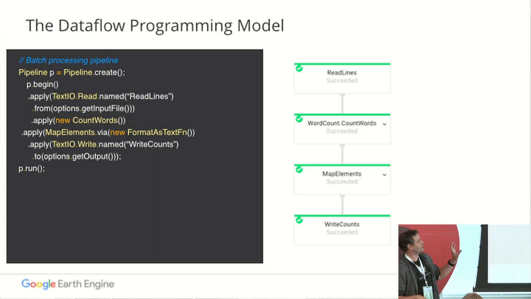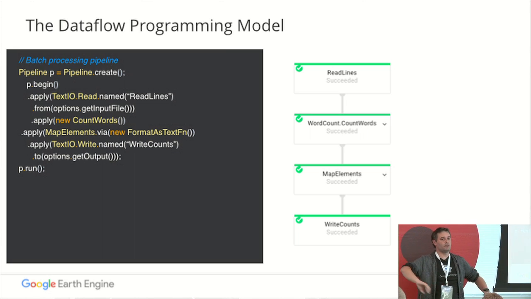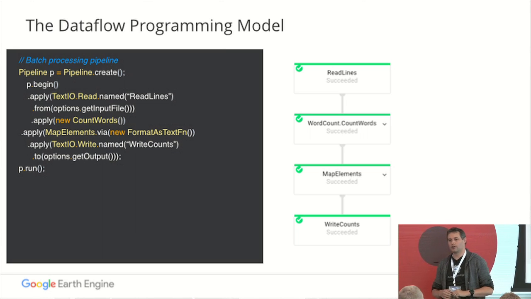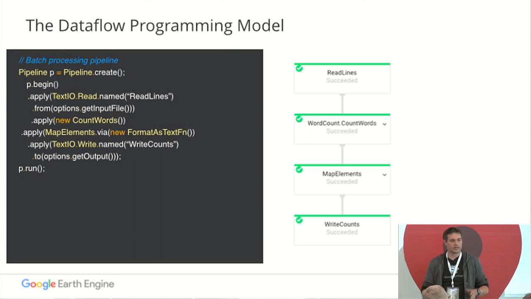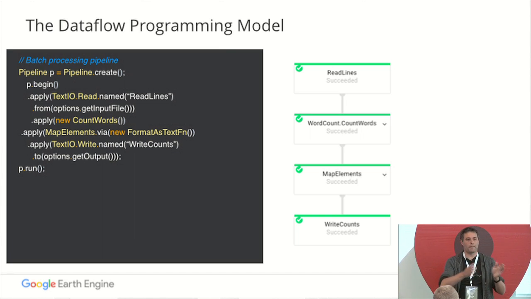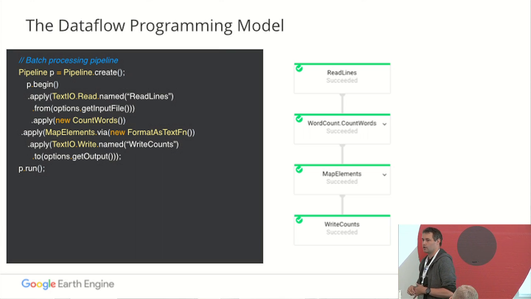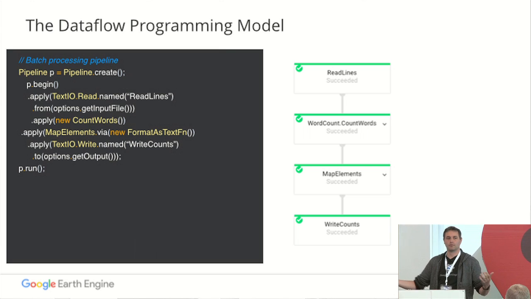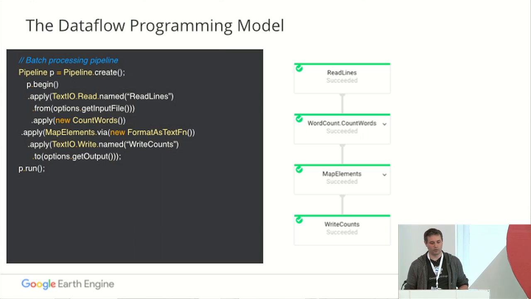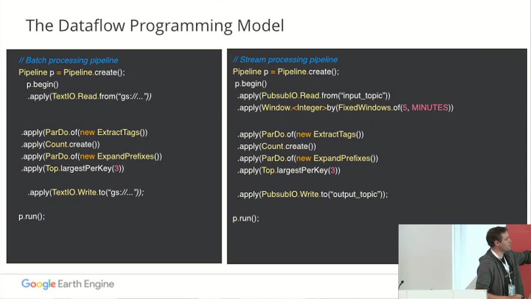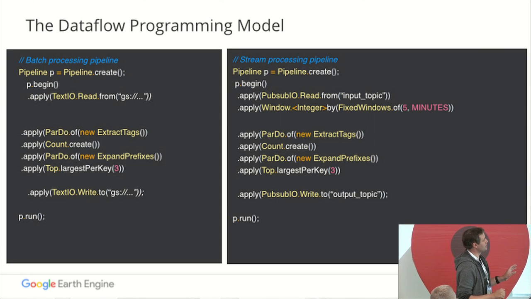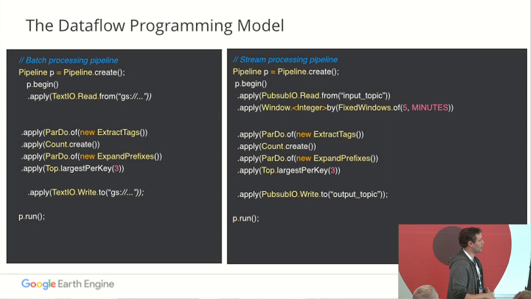And the point is that this could be run on a huge corpus of words, and it will automatically worry about taking that input file or files, chopping them up into shards, sending them off to individual workers that will count the words within each shard, bring those counts back together in a coherent way, and ultimately write your final counts.